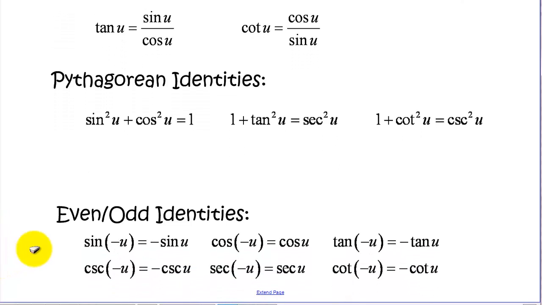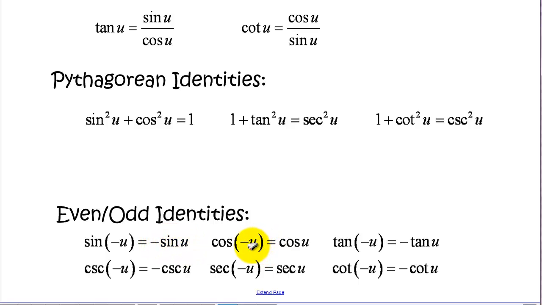And then we have even and odd functions, and we could also figure these out from the unit circle. The sine function and its reciprocal and the tangent and its reciprocal are odd functions, meaning if I take the sine of, say, the negative of an angle, I get negative the sine of the angle.